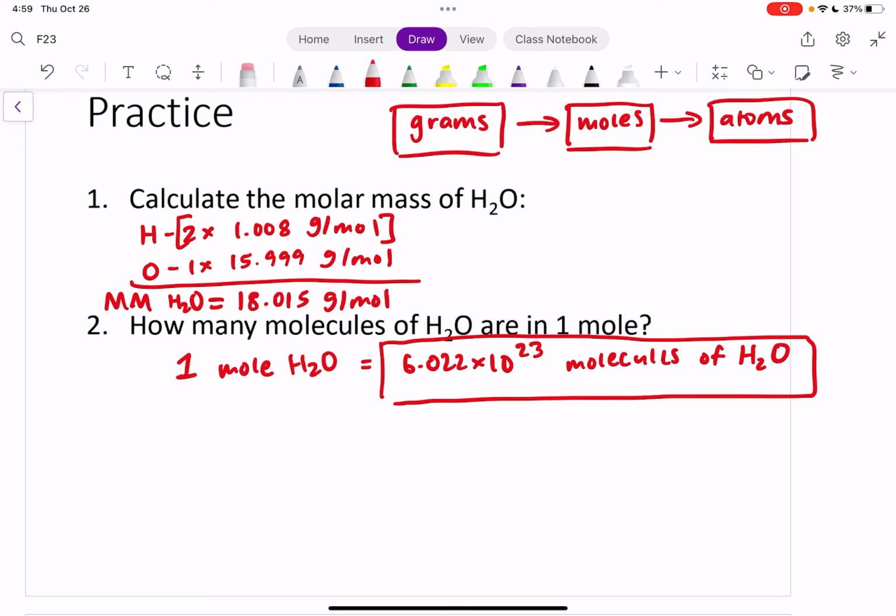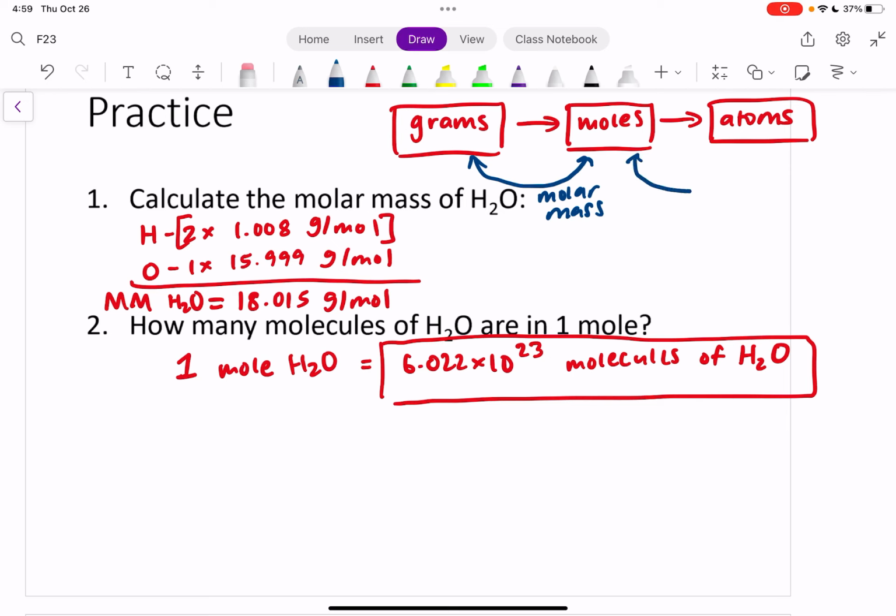And we're going to learn how to do that. So the molar mass connects grams and moles. Those are our units, grams per mole. So if we know the molar mass of a substance, and we know how many grams we start out with, we can get to moles of that substance.